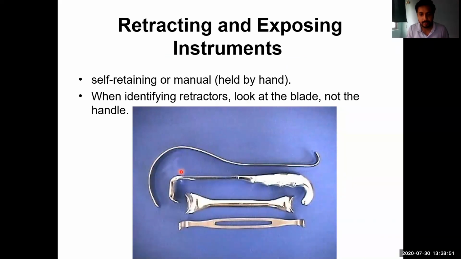Can you identify these varieties? See here, Doyen has both sides. It is showing both sides. The retractor is there. For the requirement, many changes have been made in many other instruments. But the basic thing is you have to identify that blade part. This is the Czerny variety, C tip, there is no extra curvature.